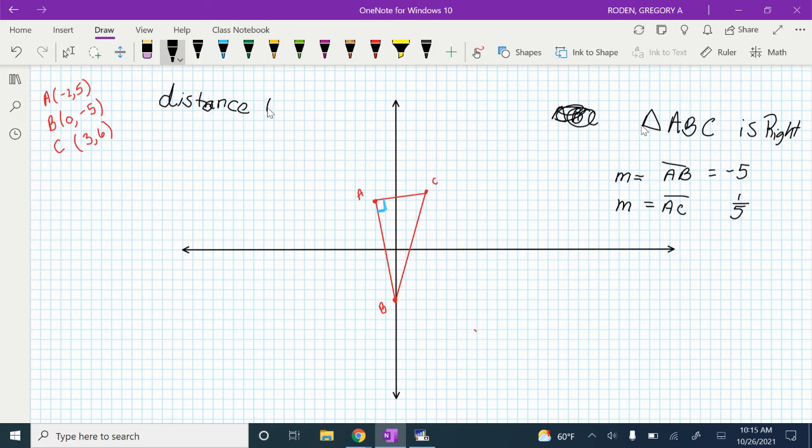We always want to know the distance formula. It's a really important application of the Pythagorean theorem. Can someone raise their hand and tell me what it is? D equals, come on, ladies and gentlemen, we need to know this. Kaylee, what do you got?